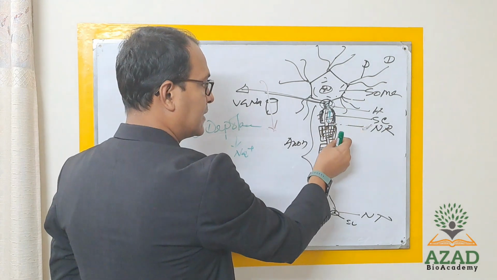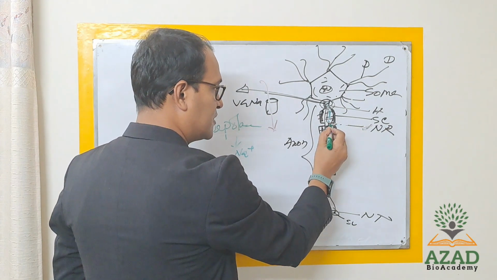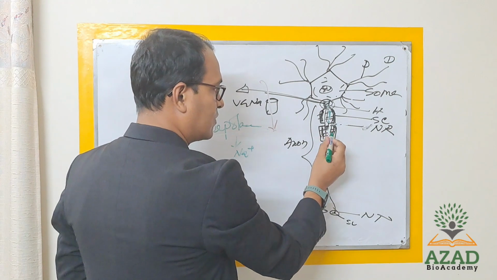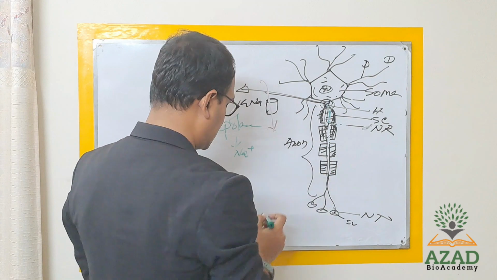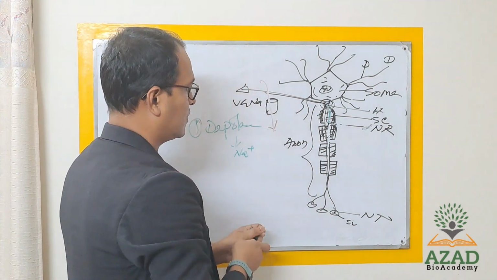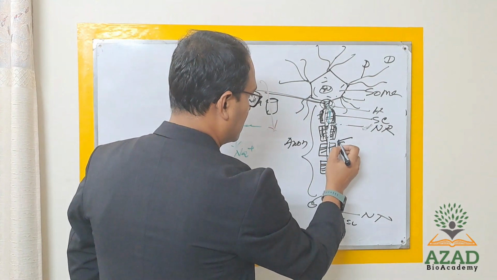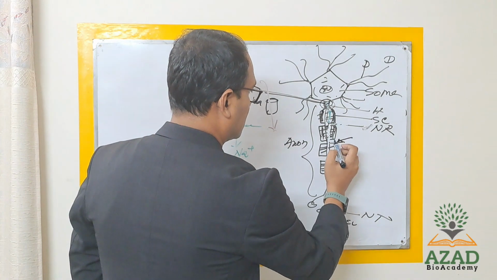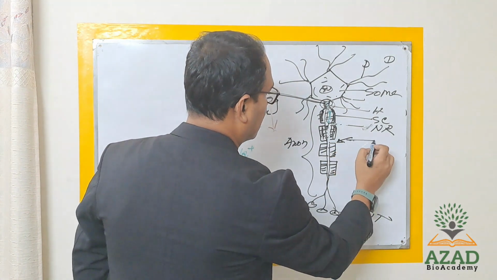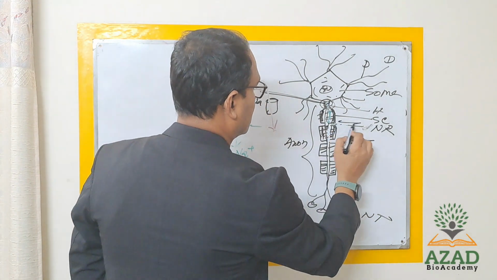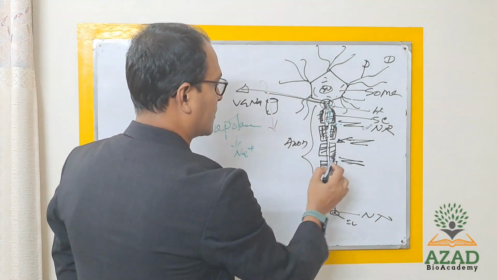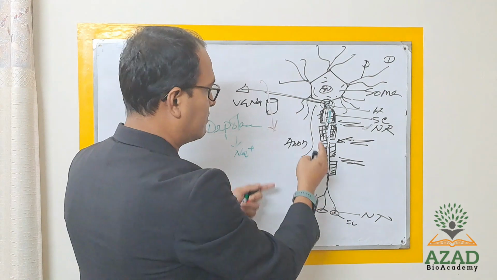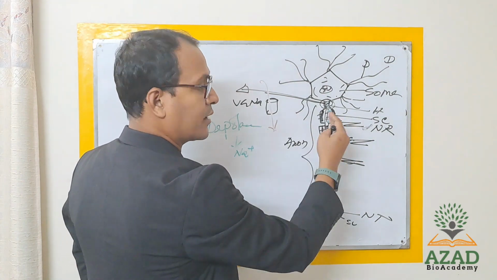Again here the intracellular sodium will travel to the next node of Ranvier, and here the sodium will again enter. So here also again another potential change, action potential. Here's another action potential. Okay, so action potential will travel very quickly as if jumping.